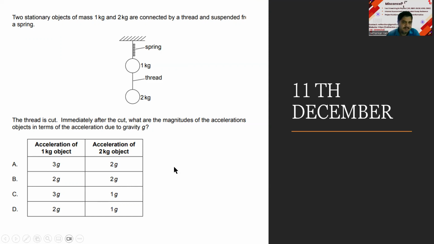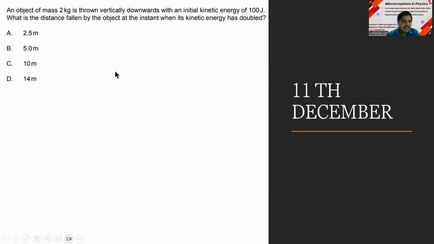It's a good problem. Then, the third one: an object of mass 2 kg is thrown vertically downwards. You are not dropping it, you are actually throwing it, right? With an initial kinetic energy of 100 joules. Usually when we say drop or throw, we give you the velocity. But here, velocity is not given to you, but the kinetic energy is. What is the distance fallen by the object at an instant when the kinetic energy is doubled?